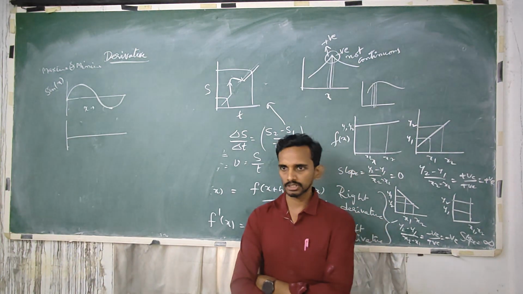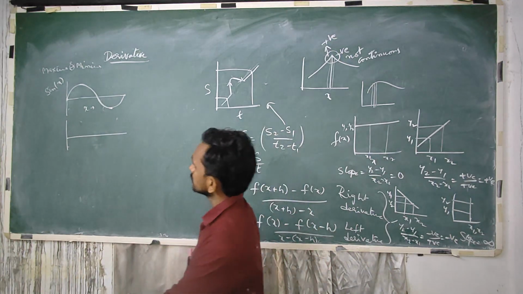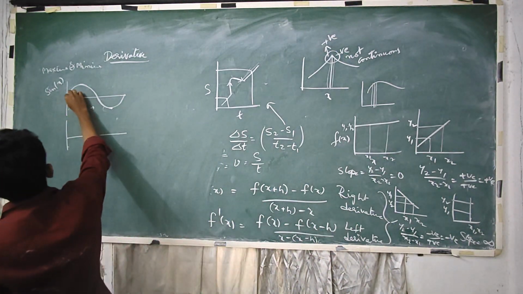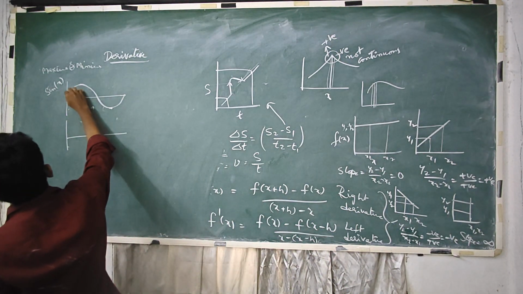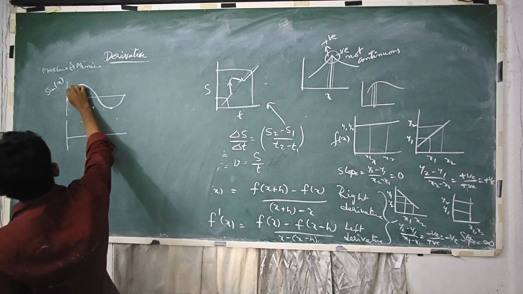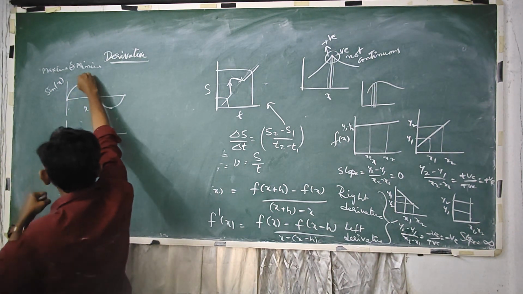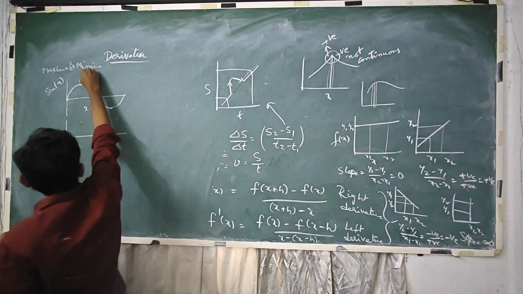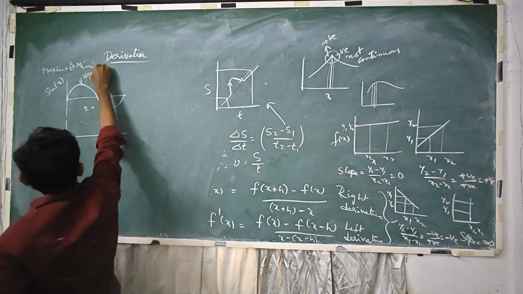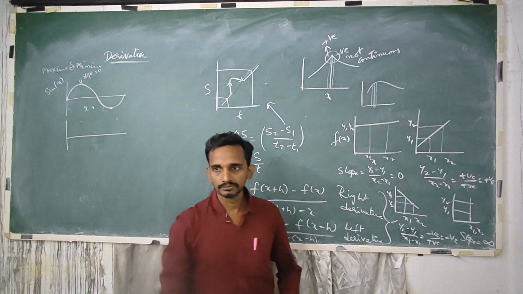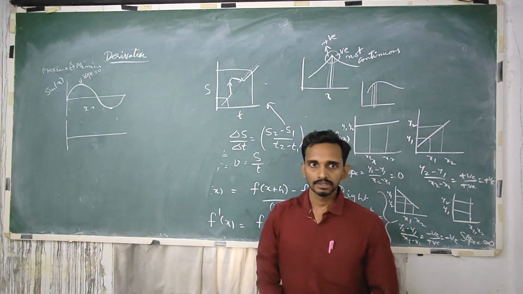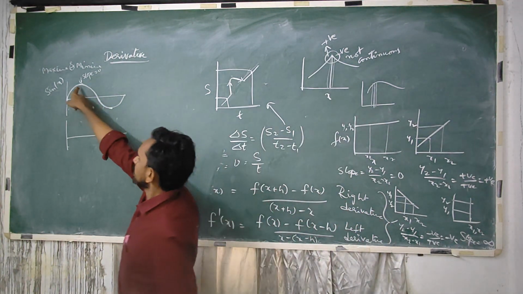All these things we need to confirm. So initially the function is rising, and at this point slope is 0. At that point the function is parallel to the x-axis.